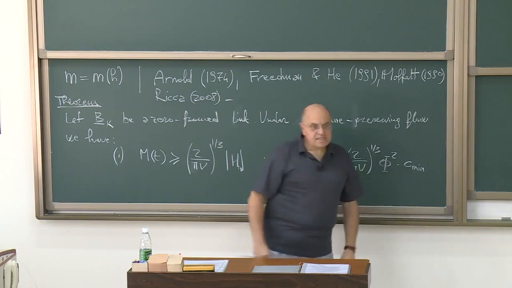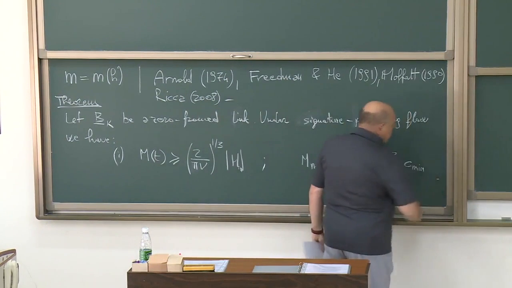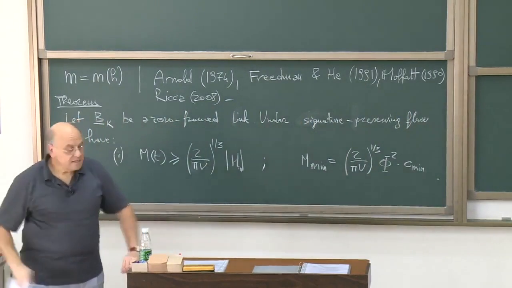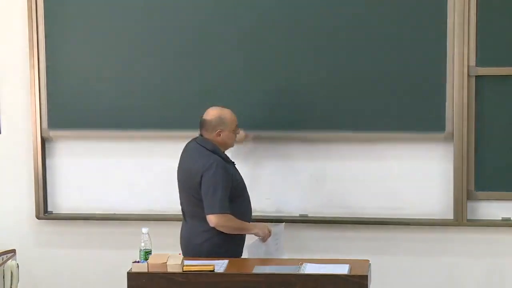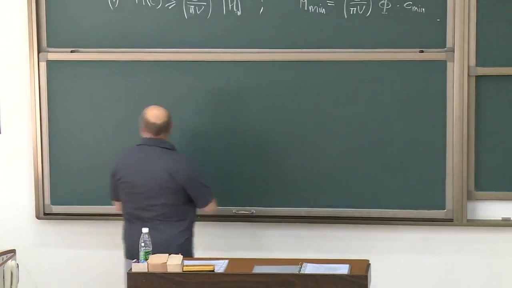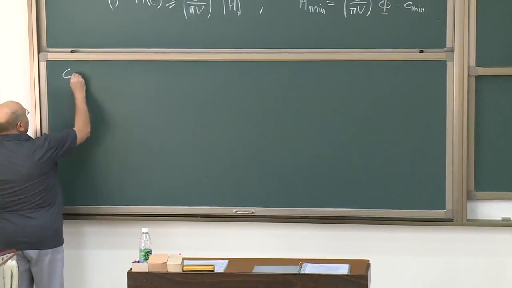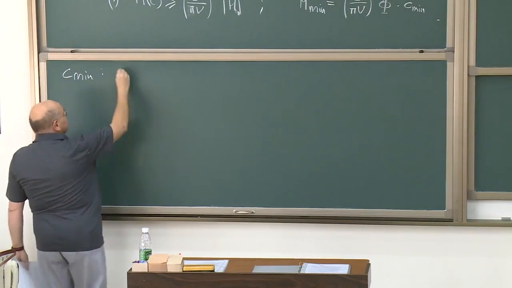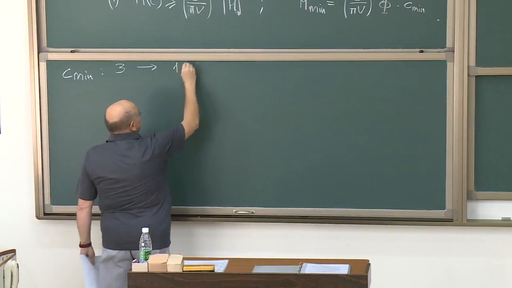So it seems that this result is kind of closing the door to this discussion, but the story starts from here. Why? If C min is 3, we cannot go under 3, then we have only one knot type.